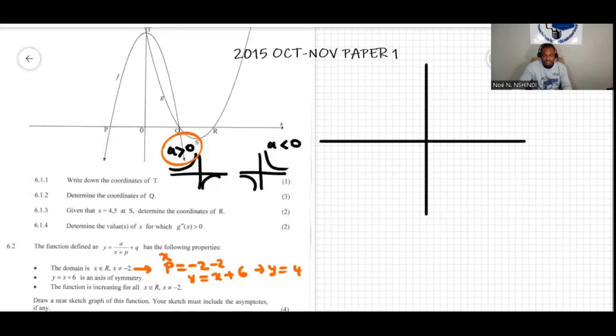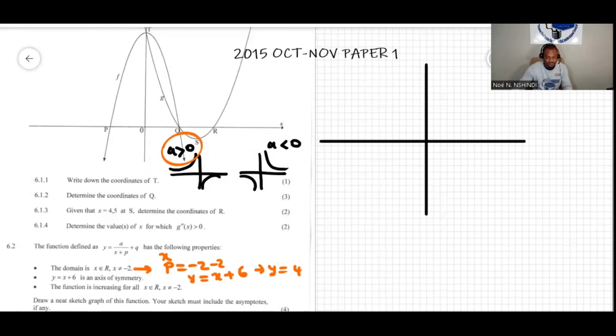Now I already know that the hyperbola may look like this. I did the x and y axes now. Then I'll place in the asymptotes. x equals -2, because this is also a critical value.